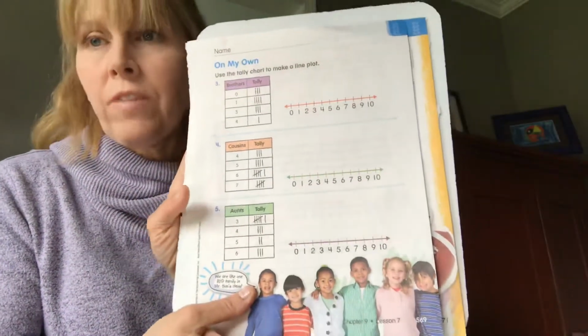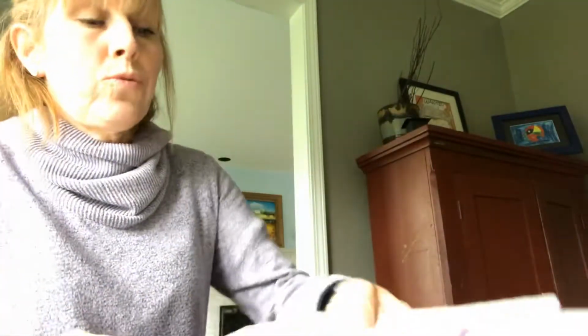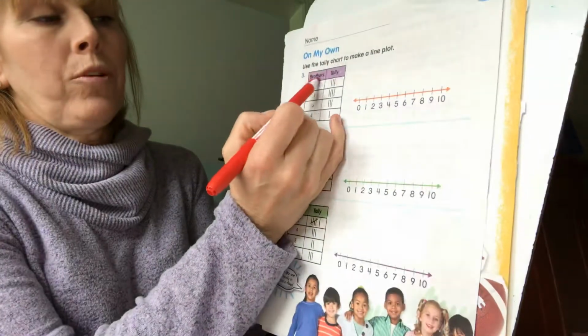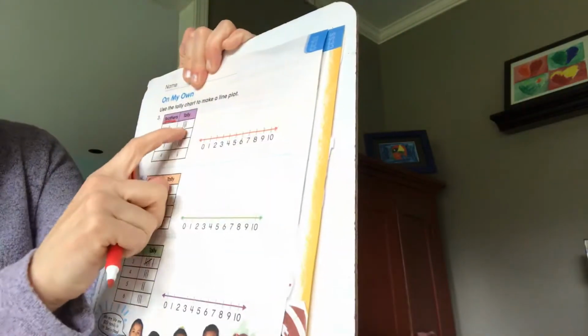So I left you yesterday, I asked you to please do 569, 570, 571. So let's go through this, and we're only making line plots. So pretty straightforward. So this is the number of brothers. There's the tally mark. So let's make our marks. So there are 3 children that have no brothers at all.